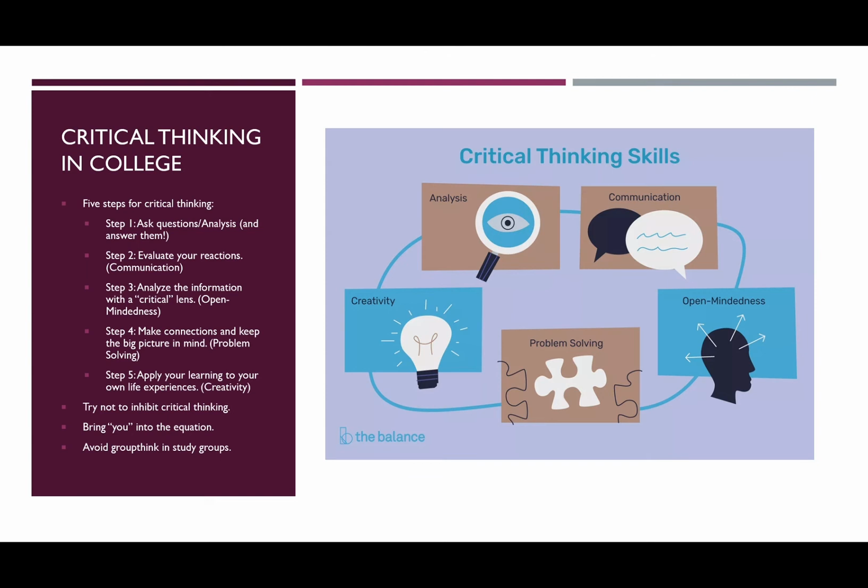And then step 5, now you're applying it to your life experiences, because the more you can bring your past experiences into your college learning process, the more powerful your critical thinking will be. Okay, if you personalize that material, you make it matter to you. And if you make it matter to you, the more likely you are to think deeply about it.